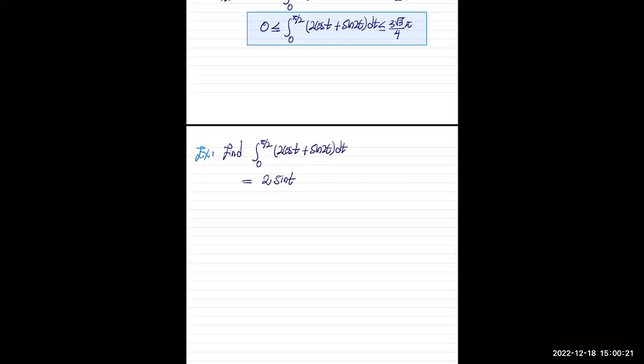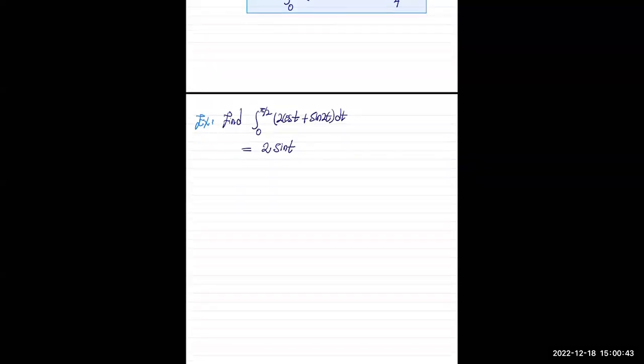The antiderivative of sine 2t is not a direct integration, guys, because this is a composite function. The inner part is 2t. So you would have to do a substitution on that. But I can let you use a shortcut for this kind of problem. Whenever you have sine of a t or cosine of a t, you would let u equal to at.